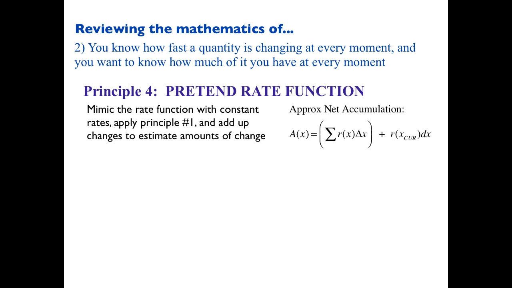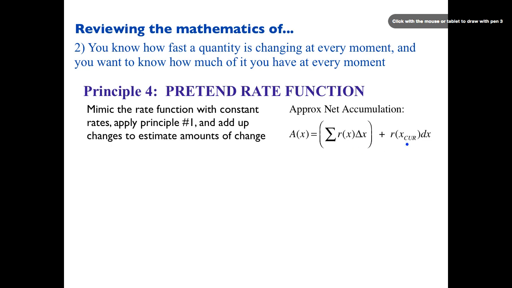And you did this, right? Your homework was like the insect population. I said, find the approximate net accumulation at a certain value. And what did you do? You found the accumulation in the first interval, and then the accumulation in the second interval, and then the next. Each time you found the accumulation by doing the constant rate times the change. And then the next interval, the constant rate times the change, and then the next interval. And you added all those up.